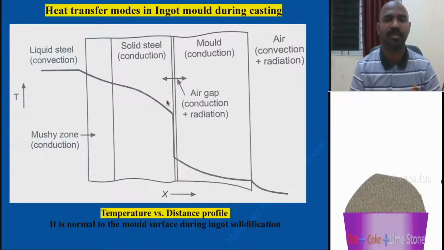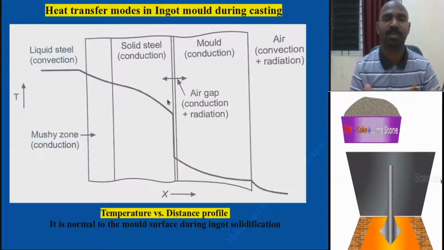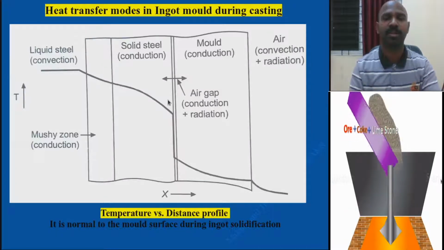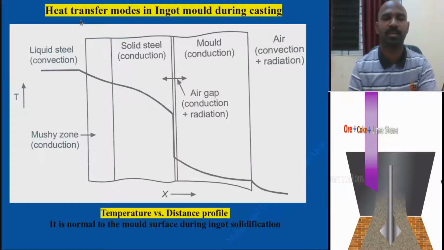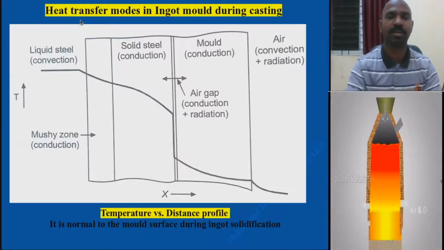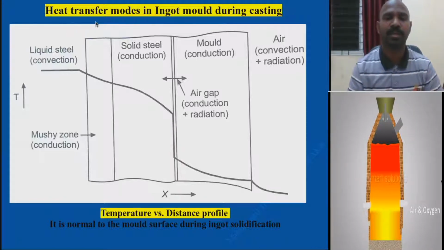In our metallurgical industry, the steel making ladle or steel making furnace also involve this kind of heat transfer. Many questions are going to appear on heat transfer, and it is also part of the subject of transport phenomena. It will be covered deeply there.